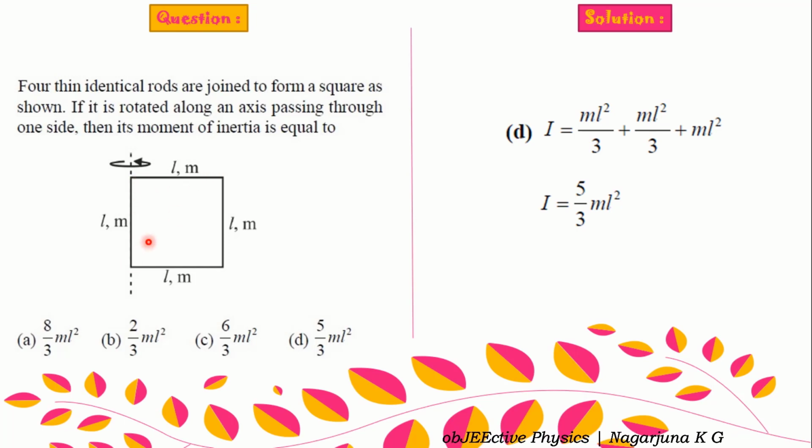For the lower side, the axis is passing through one end of a thin uniform rod, and the right side is at a distance L. So I = ML²/3 + ML²/3 + ML² = 5/3 ML². So option D is the right option.